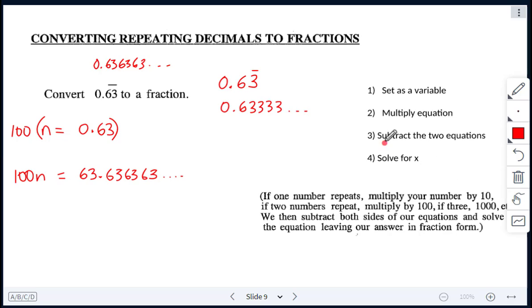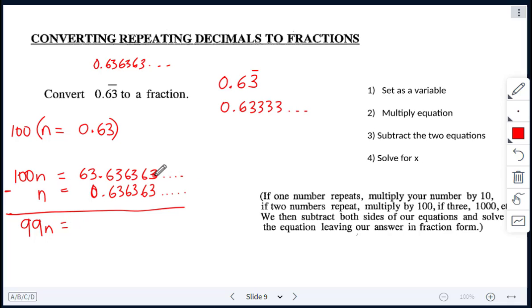The next step, step number 3, says subtract the two equations. So we have 100n is equal to 63.636363, and then our original equation, which was n, equals 0.63, and remember it's repeating, 63, 63, continuing. Now we subtract the two equations. 100n minus n gives me 99n.